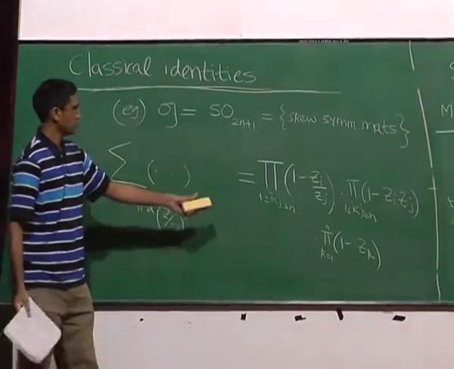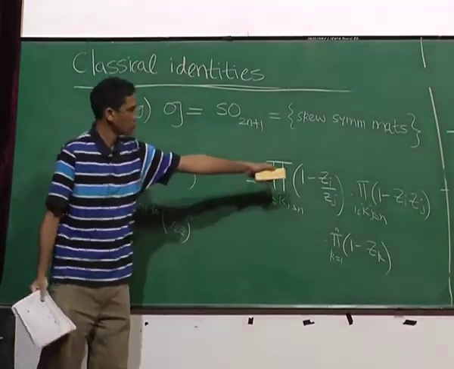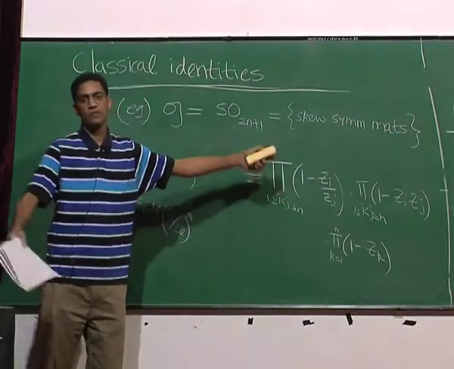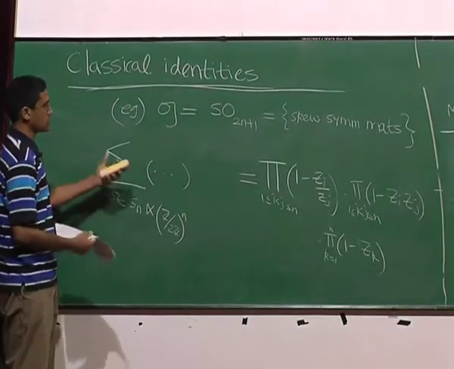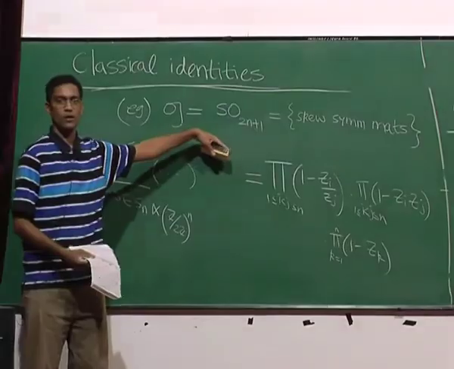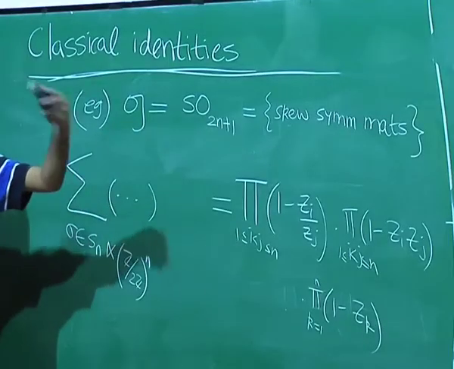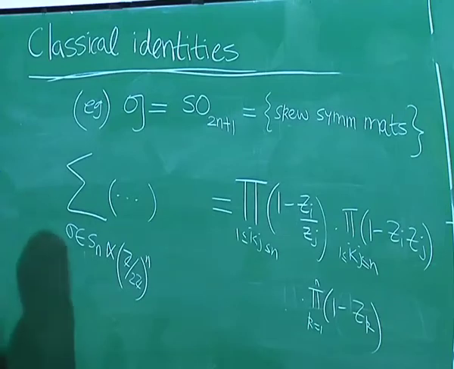Okay, so there will be a similar identity which you will get by playing with this Lie algebra, which tells you how that product becomes when you write it as a sum. Okay, and so on. So there are several other Lie algebras. In fact, the full list is known, and all you have to do is just take your favorite Lie algebra and you'll get an identity.